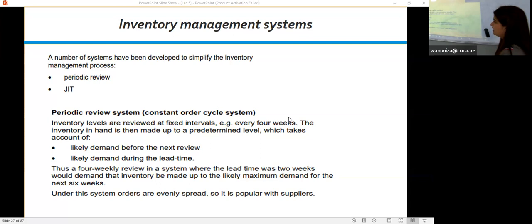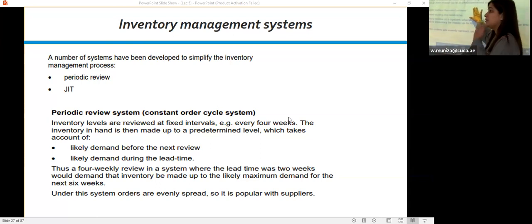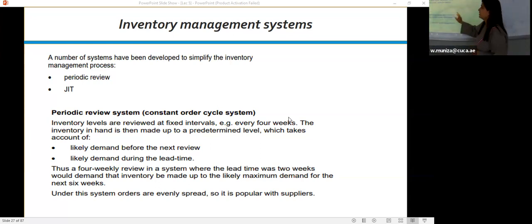So when you make a periodic review, you are concerned about the likely demand before the next review, how much demand is going to arise in the time period until the next review, and how much demand is going to arise in the lead time, the delivery time period. Thus, with a 4-weekly review in a system where the lead time was 2 weeks, the total period under consideration would be 4 plus 2 weeks for lead time.